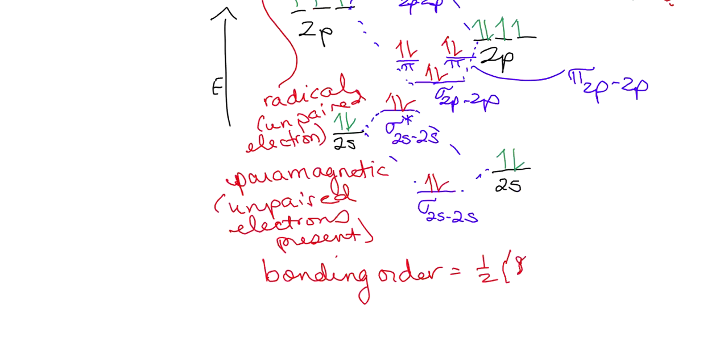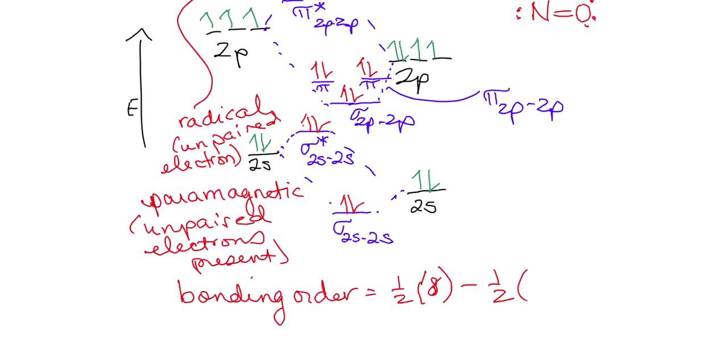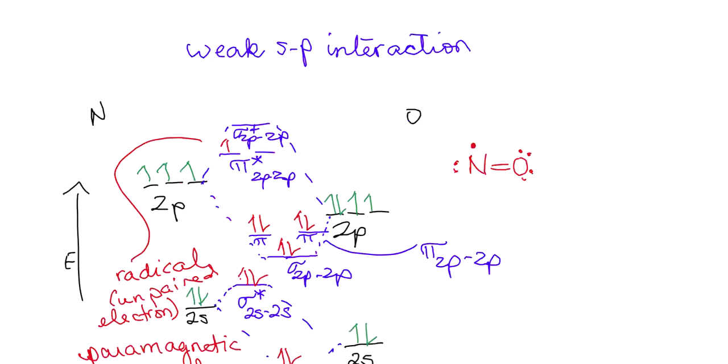Minus 1/2 of our non-bonding electrons, and I have 1, 2, 3. Gives me 5/2. So it turns out when you look at the structure for nitric oxide, it's actually 2.5 bonds between my nitrogen and oxygen.